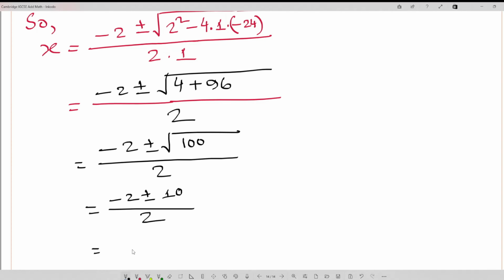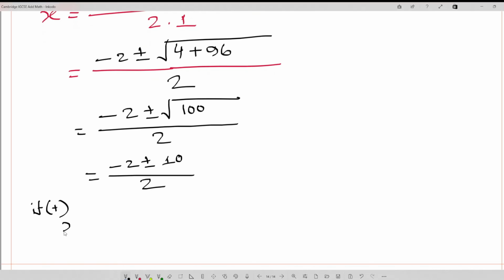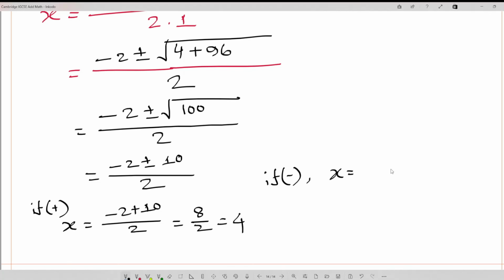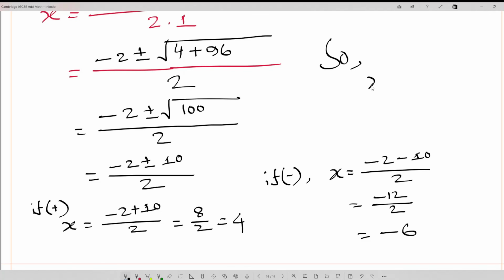Now you can write, if plus, x equals minus 2 plus 10 divided by 2, it means minus 2 plus 10 is 8, divided by 2, the result is 4. If minus, then x equals minus 2 minus 10 divided by 2, then minus 2 and minus 10 is minus 12, divided by 2, so the result is minus 6. Okay, so we can say x equals minus 6 or 4.